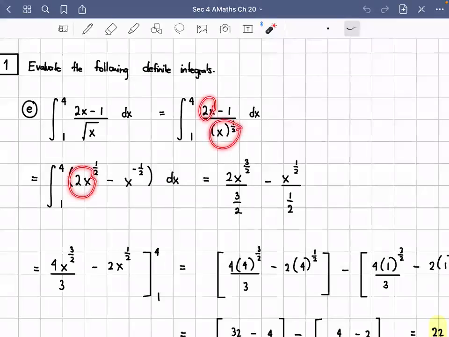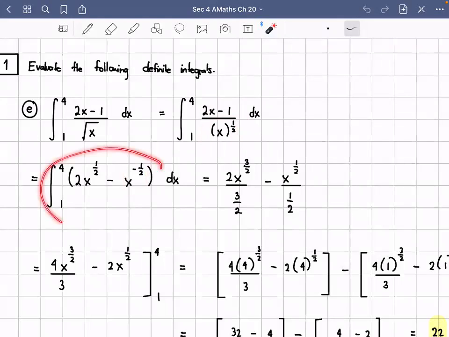That's why I got this. x divided by x raised to 1/2, so 1 minus 1/2, that's why you have 1/2 here. And then to remove the fraction, I just move it to the numerator, that's why it has this negative 1/2 here. So this is your new question.